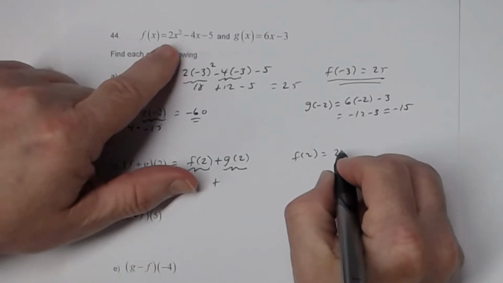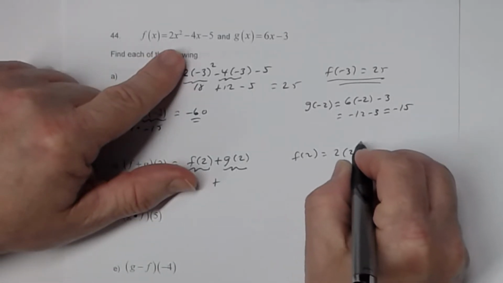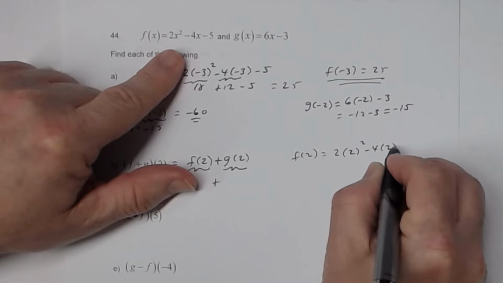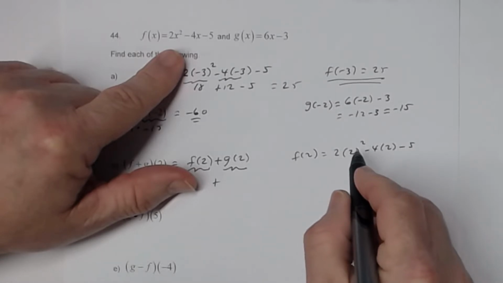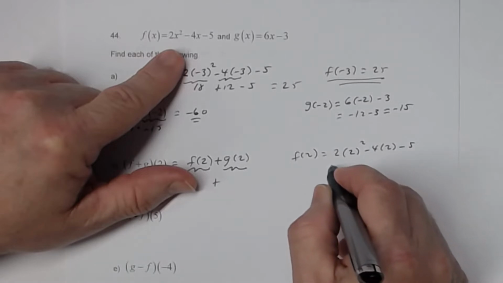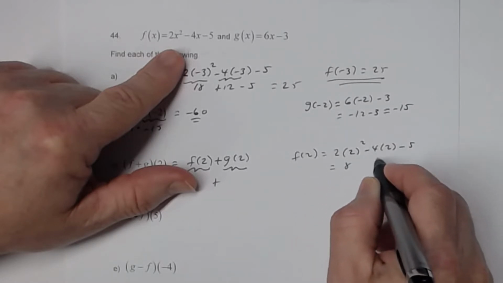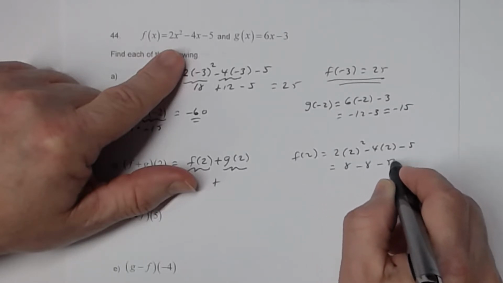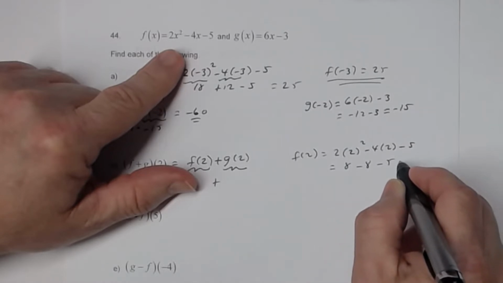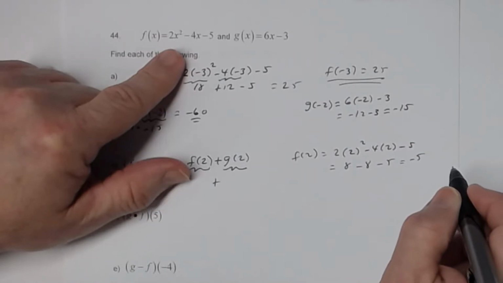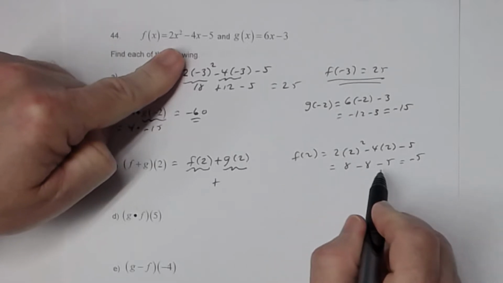So I get 2 times 2 squared minus 4 times 2 minus 5. Then 2 squared, you do the exponents first, so that's 4. 4 times 2 is 8. And then negative 4 times 2 is a negative 8, and then minus 5. 8 minus 8 is 0, and 0 minus 5 is a negative 5. So f of 2 is negative 5.